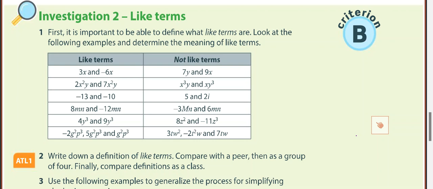Right, ladies and gentlemen, let's talk. This is actually a super important thing. If we don't get this right now, what happens is people do stuff to simplify that's just completely wrong and makes no sense.